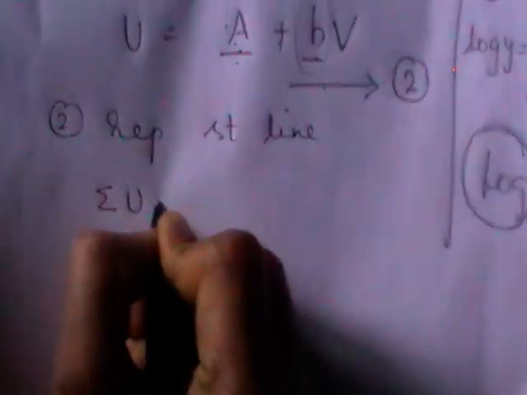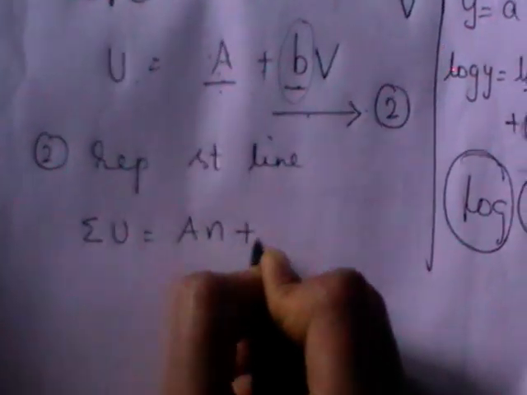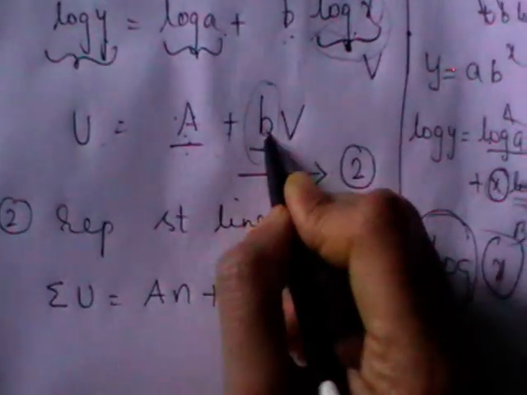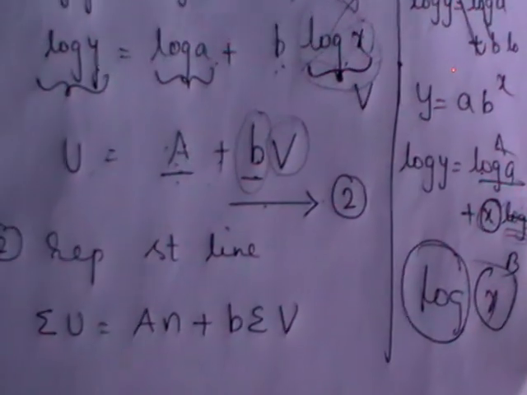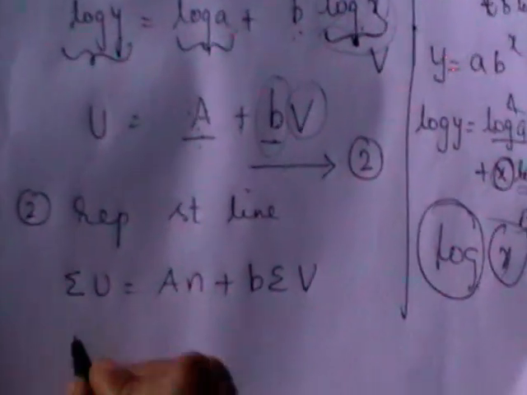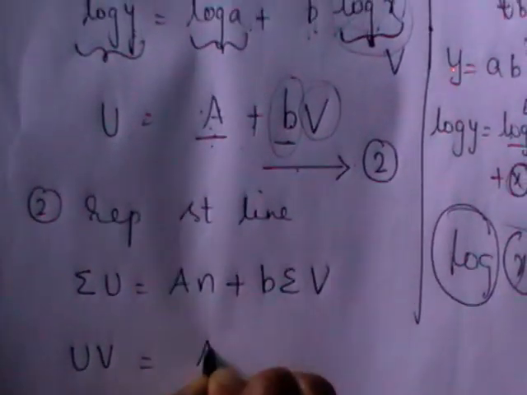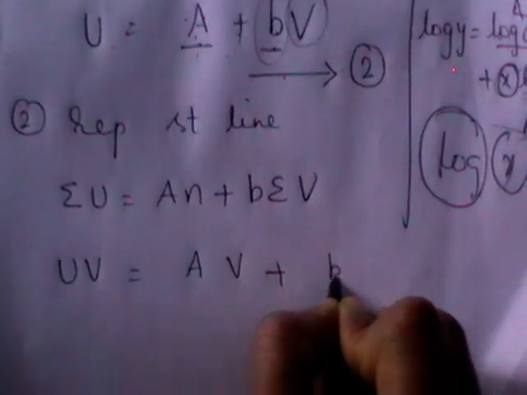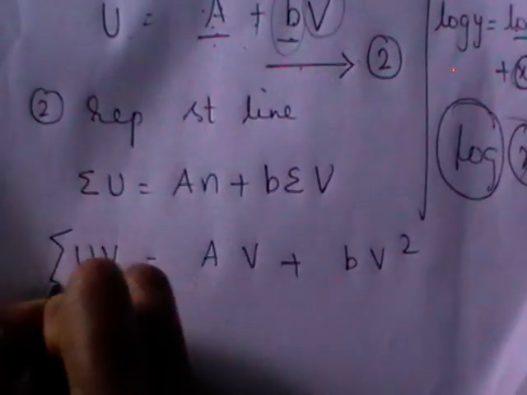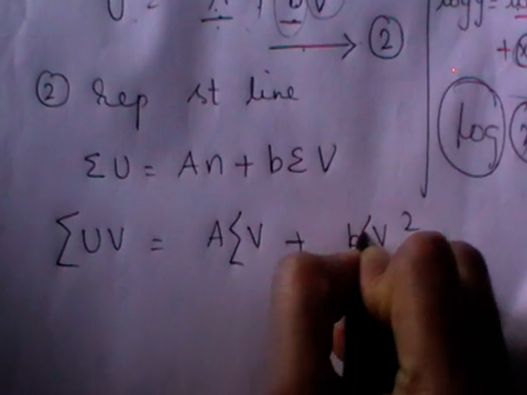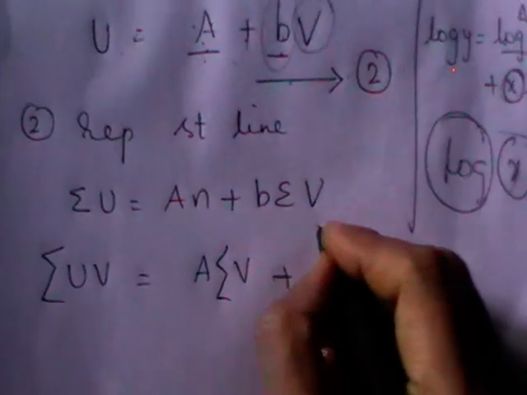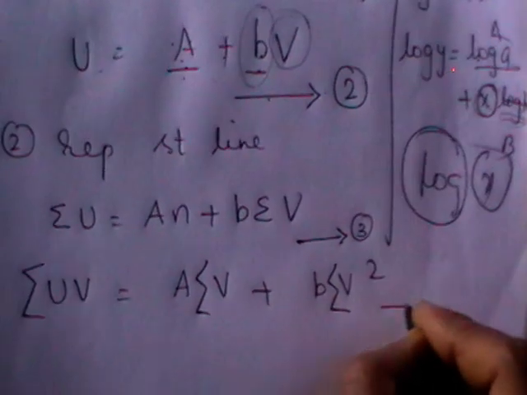First one, sigma u is equal to nA plus b sigma v. With respect to b, what is the coefficient of b here? v. So you multiply both sides with v first. So uv is equal to Av plus b v square. Now you take the summation. So this is one normal equation and this is another.